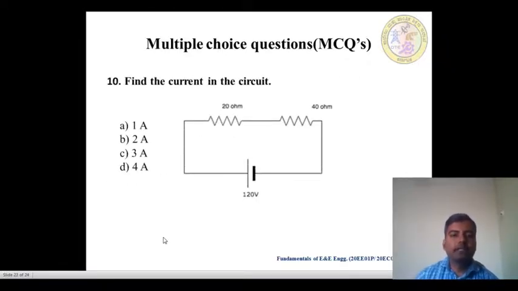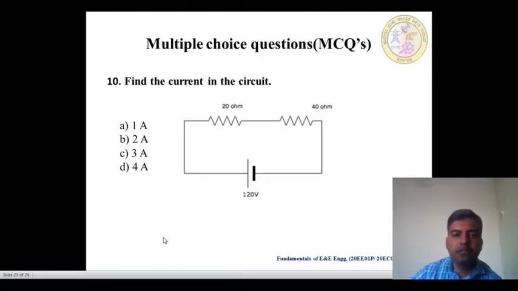So find the current in the circuit. So we have to find the current in this circuit. So 20 ohms and 40 ohms are connected in series. 120 volts is applied across this. So we have to find the current. To find the current, we have to apply Ohm's law: I equal to V by R. So R for this is the effective resistance. Here the resistances 20 ohms and 40 ohms are connected in series.